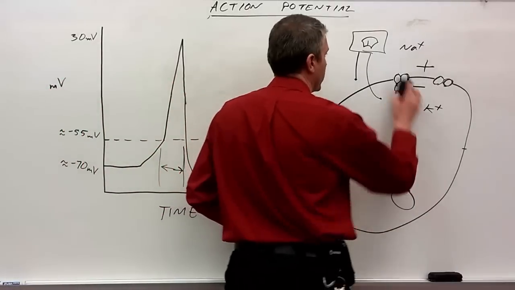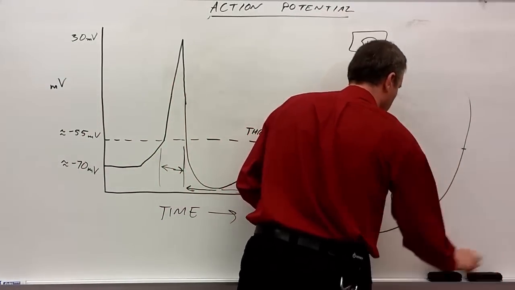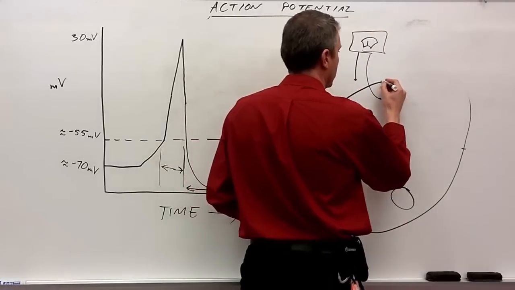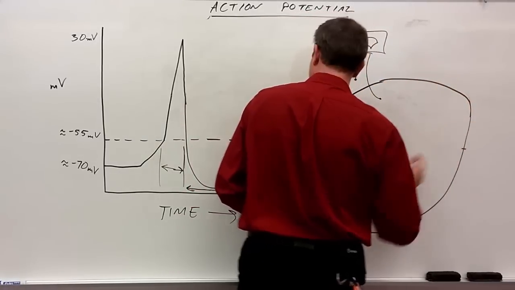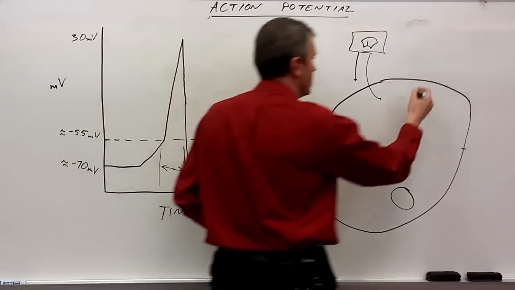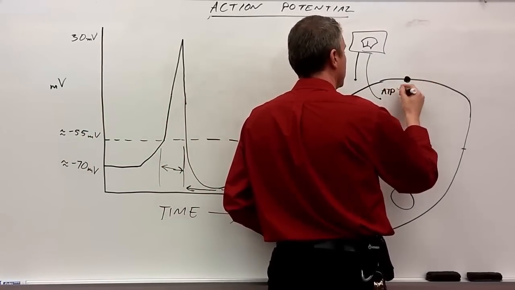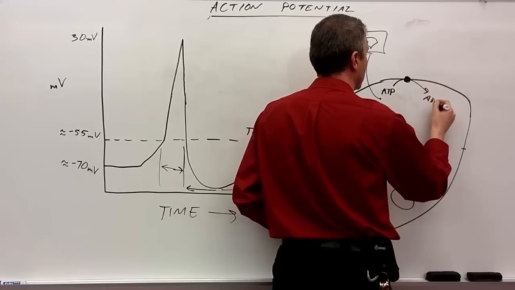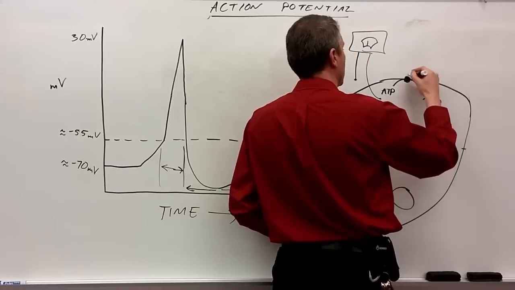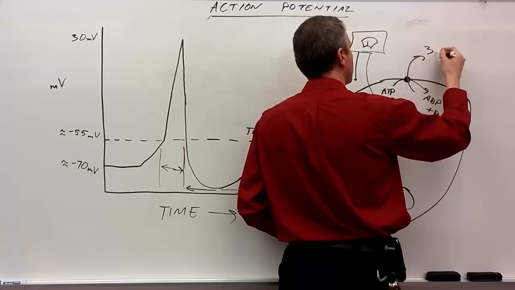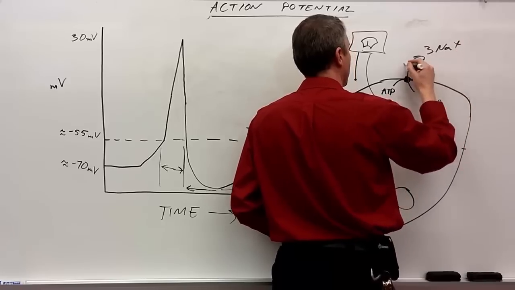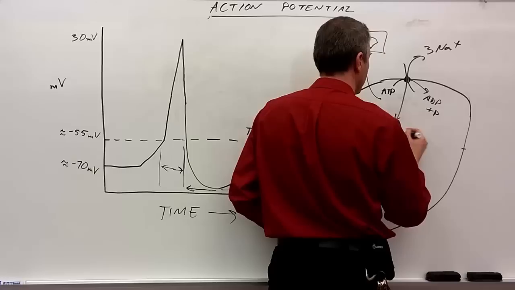But I'll run through it real quick, see if I can do it fast. Here's the membrane, and imagine that we're hyperpolarized. Here's the sodium-potassium pump. It's using ATP to pump out 3 sodiums and to pump in 2 potassiums.